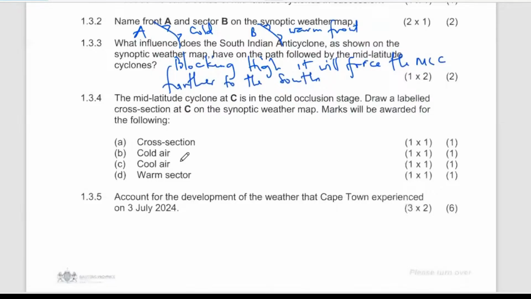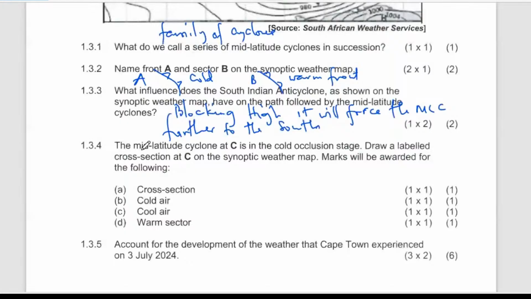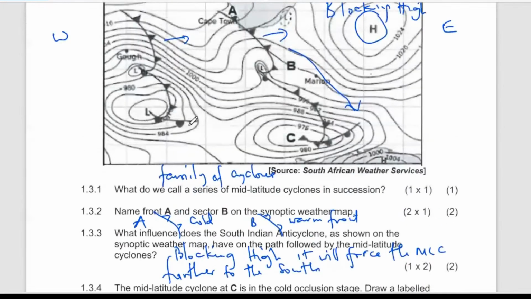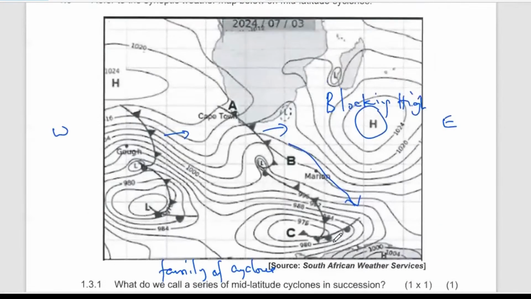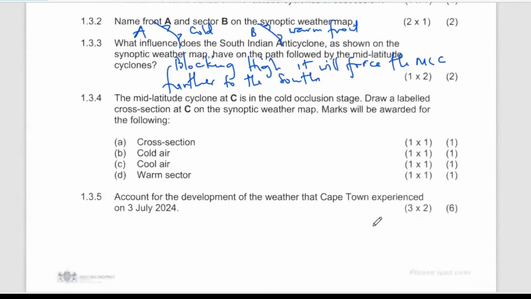Right. The mid-latitude cyclone at sea is in the cold occlusion stage. Draw a labeled cross-section at sea on the synoptic map. Right, we are looking at this point C here. We are saying it has reached an occlusion, and the occlusion is a cold front occlusion.